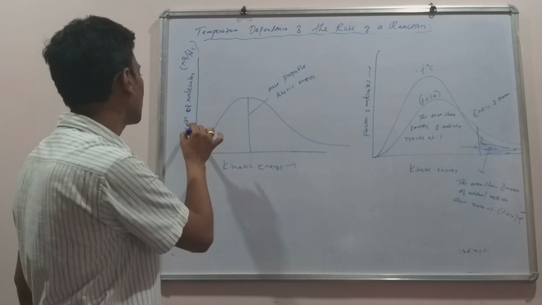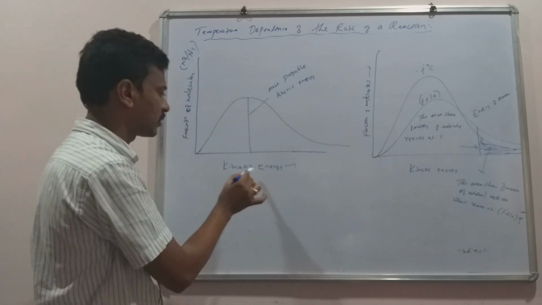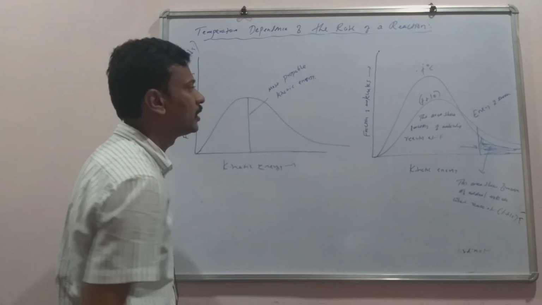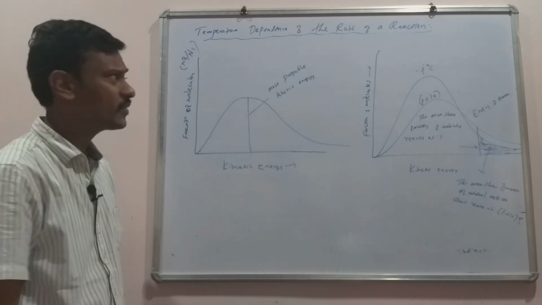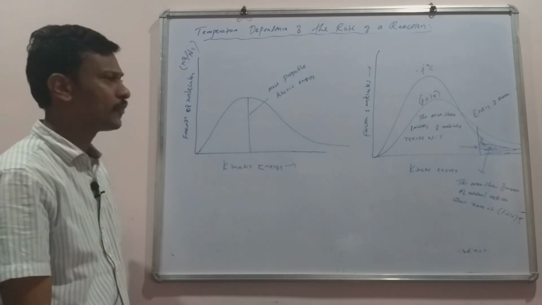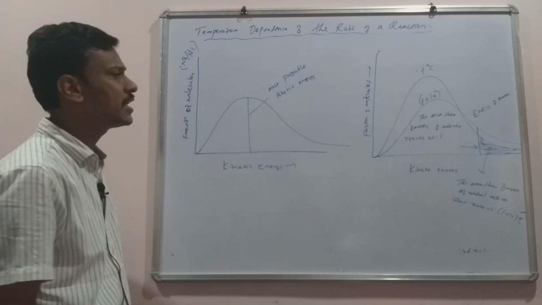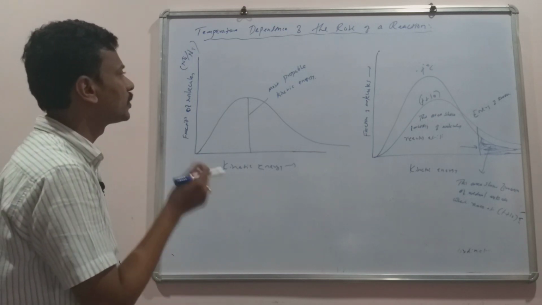That is, by plotting the graph of fraction of molecules versus kinetic energy, this is the most probable distribution of energy for different molecules, where Ne is the number of molecules with that kinetic energy and Nt is the total number of molecules.